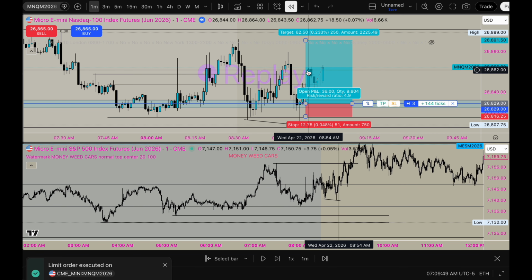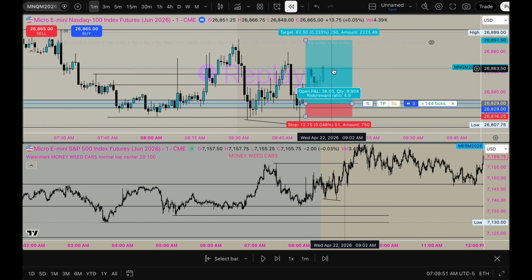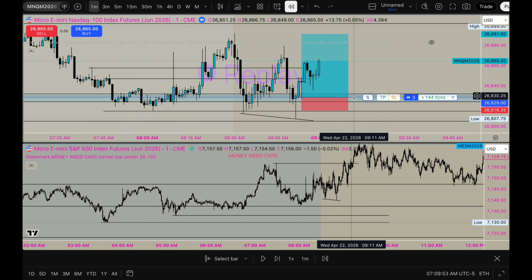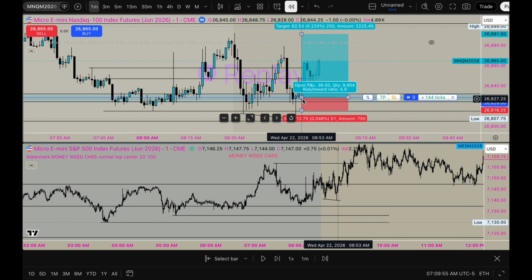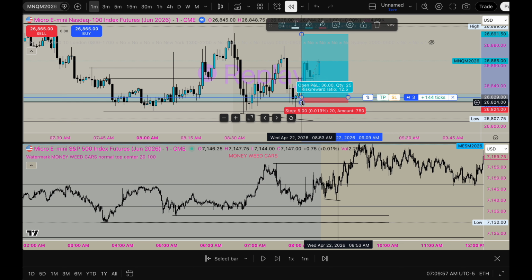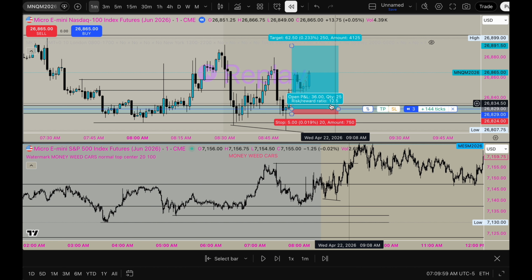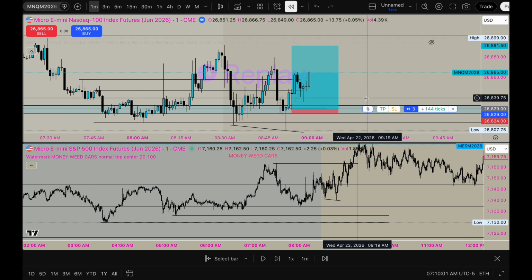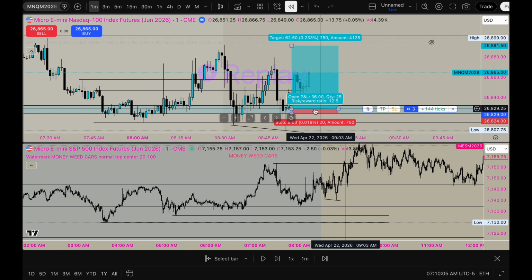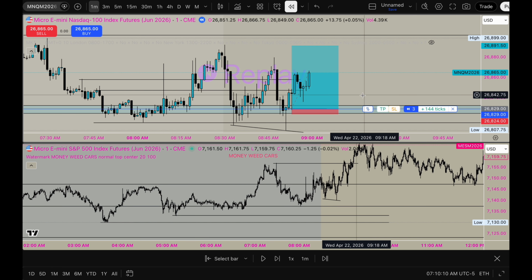And when you're up 100 plus ticks, as we are here, you can start moving up your stop loss. You can start tightening it to reduce risk. You can also set your stop loss to break even so you lose nothing. Or you can move your stop loss up into profit and take about 30, 40 ticks, no matter what.